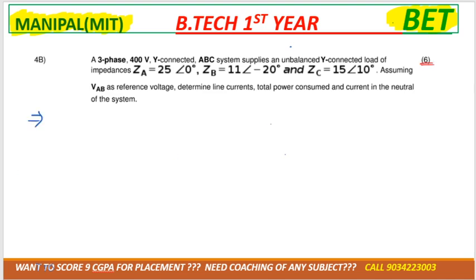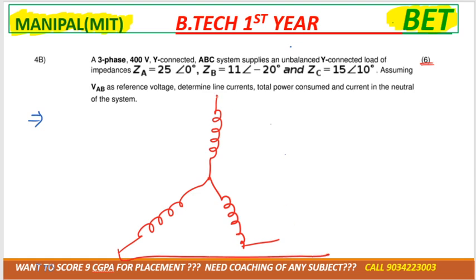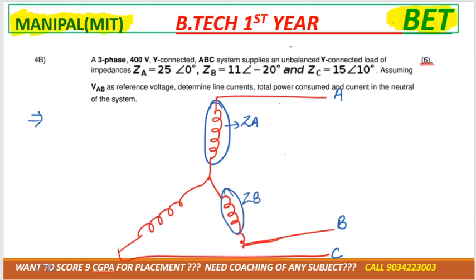See, this is the case of star unbalanced, and I told you star unbalanced would be solved through mesh analysis. Suppose this is R, this is Y, this is B. But they have given you in the form of ABC, so I'm taking the form of ABC only. This is A, this is B, this is C. So this would be ZA, this would be ZB, and this would be ZC.